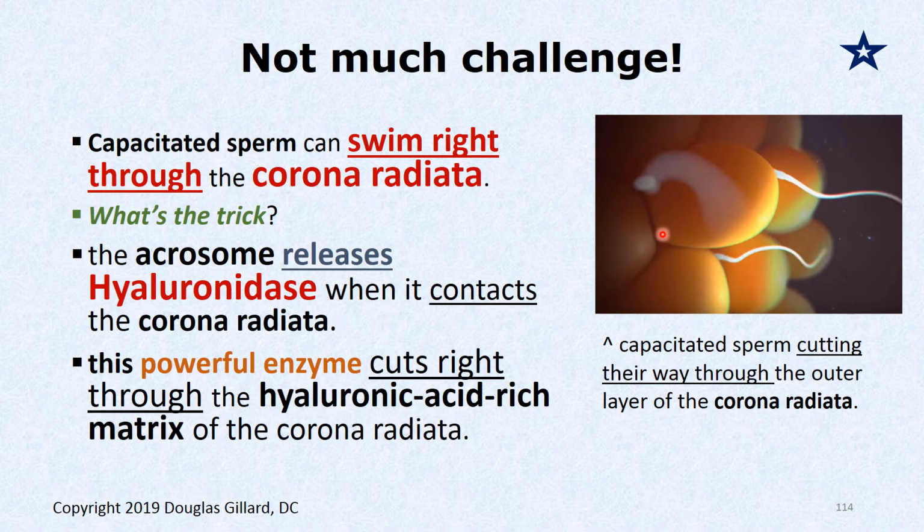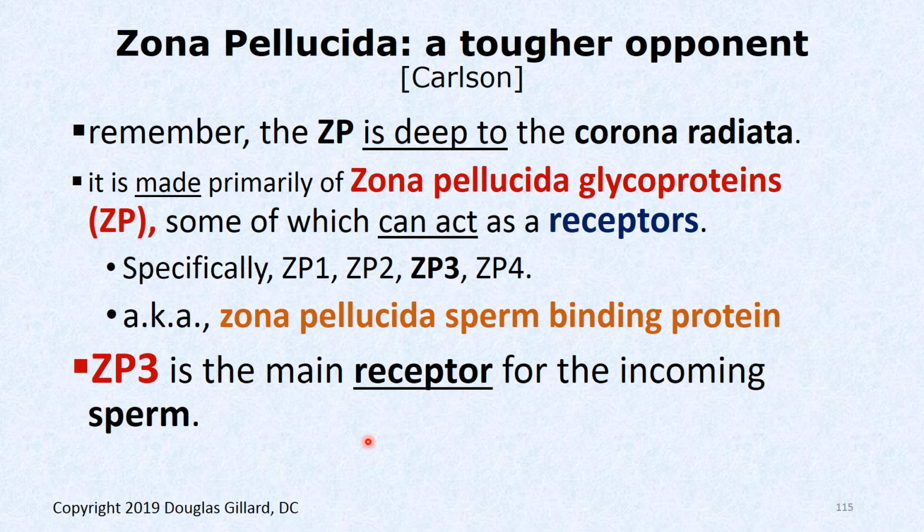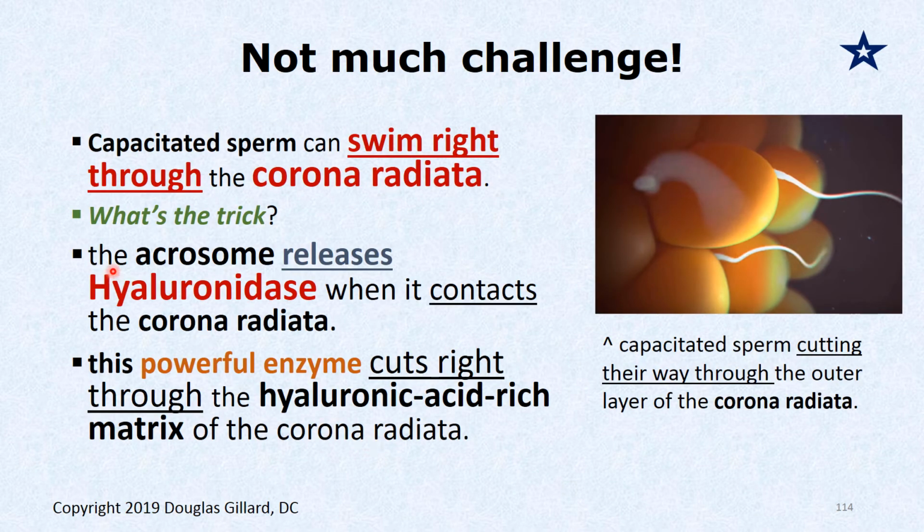Well, they have a weapon, and they secrete this hyaluronidase. So when the acrosome releases hyaluronidase, when it contacts the corona radiata, this powerful enzyme cuts right through the matrix. Now, I see something wrong here.